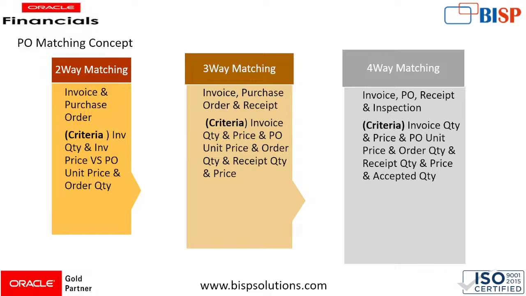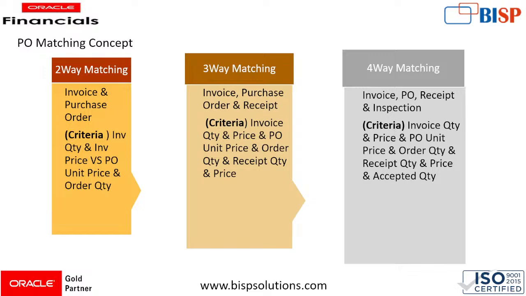So that is the invoice with purchase order and the receipt of the material. On the basis of the receipt, when you receive the material, you enter the invoice. That is the 3-way matching concept.